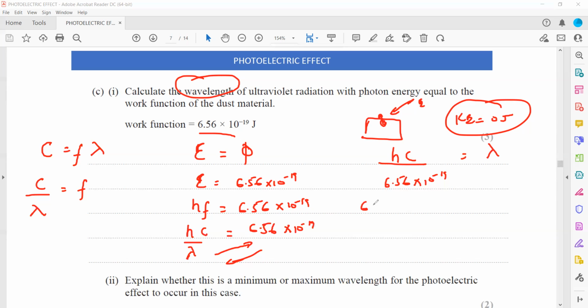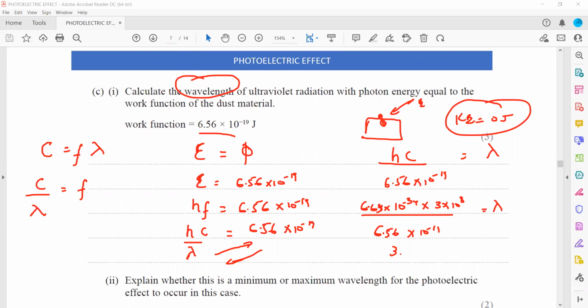where h is Planck's constant, 6.63 times 10 to the power minus 34. c is the speed of light. All electromagnetic radiation travels at the same speed, 3 times 10 to the power 8, which is a constant, divided by 6.56 times 10 to the power minus 19, because that was the work function.